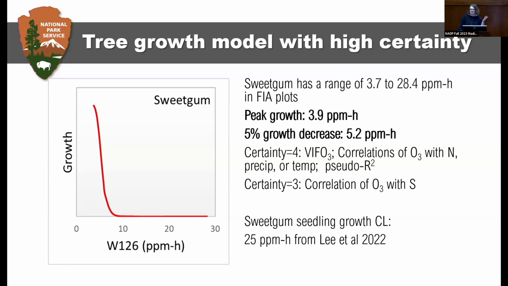I'm glad you brought up foliar injury, because that's been a big push with some of this monitoring, to look for distinctive ozone injury symptoms on leaves of sensitive species. We've looked for it at Rocky Mountain National Park and found it even in years where W126 has been relatively low. Cumberland Piedmont has looked at injury, and they see it, and it doesn't have a real good relationship with W126.